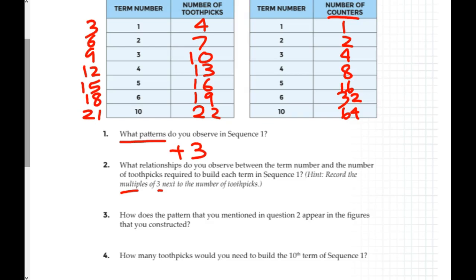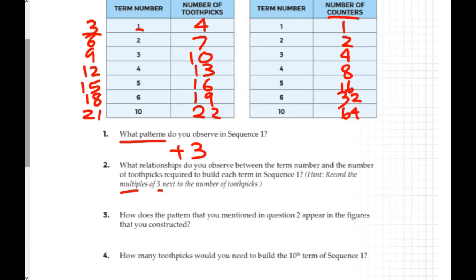Now, look at these multiples of 3, and look at the number of toothpicks. What do you notice? They're 1 away, right? So basically, if I took this number times 3, I would need to take that number and then do what to get over here? Plus 1. So we can make a rule. Times 3 plus 1. So pick any number. 5 times 3, 15.